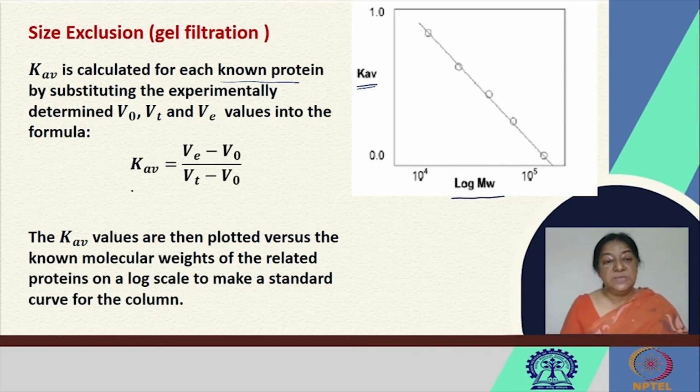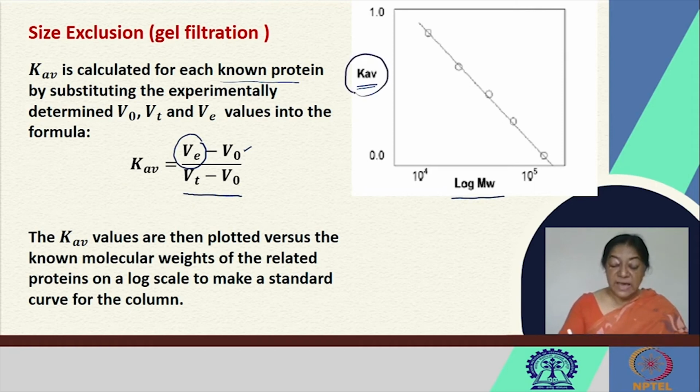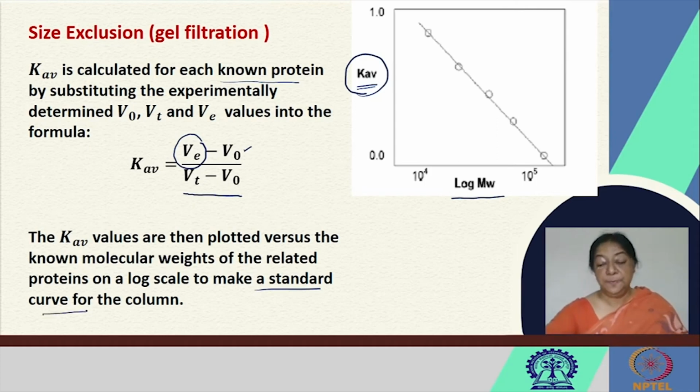The experiment is conducted where we have the Vt minus V0 corresponding to the column, the V0 corresponding to the column, and the elution volume for each protein in the known sample. The KAV is then calculated and plotted against log MW to give us our calibration. So we have a standard calibration curve.